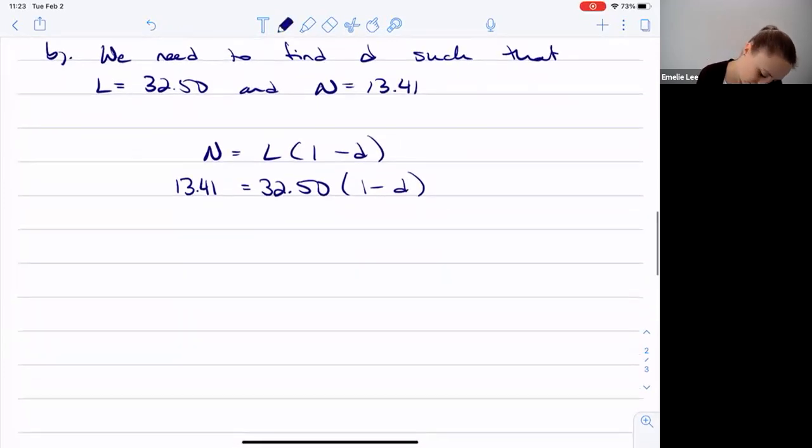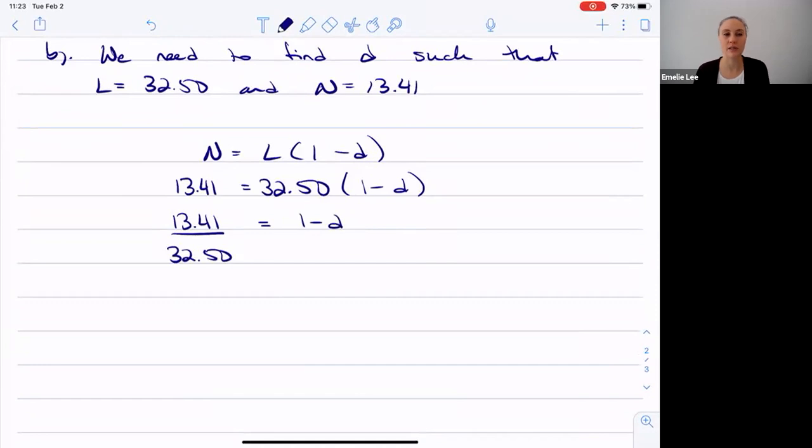Okay, so we get 13.41 divided by 32.50 is 1 minus D, being really careful here. All right, 13.41, oh, I should make sure this looks like a D there. 13.41 divided by 32.50.